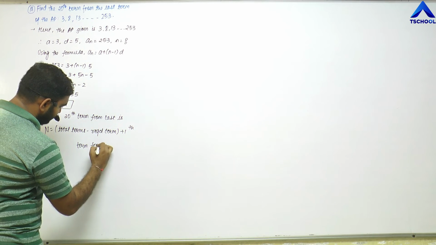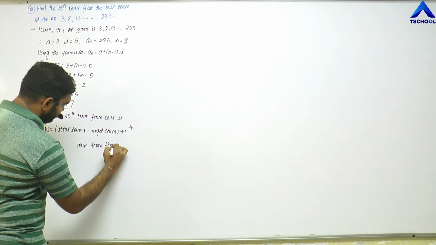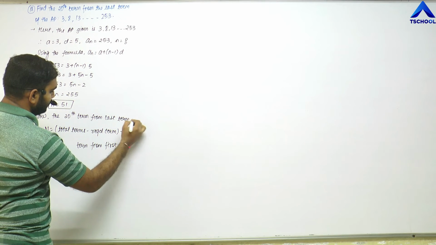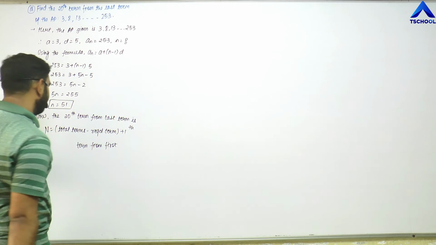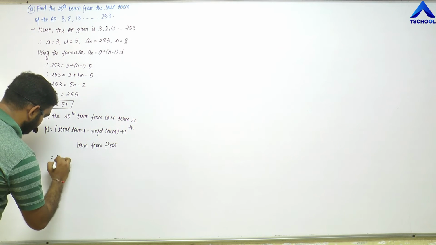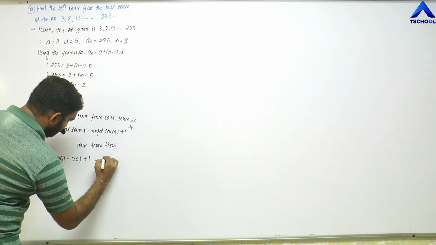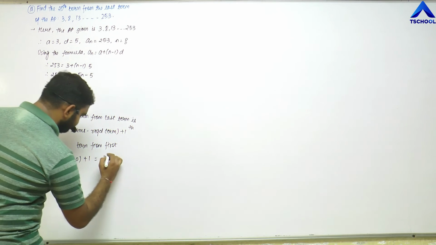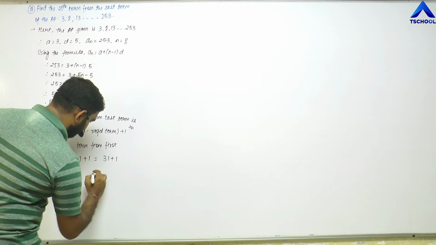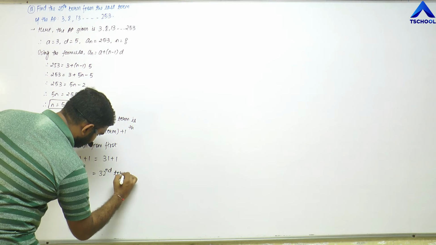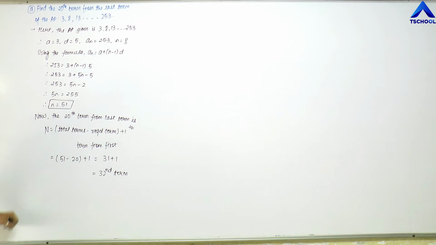That is equal to 51 minus 20 plus 1, that is 31 plus 1, which is equal to the 32nd term. Yes or no? Right?